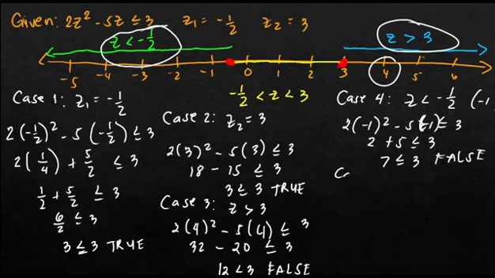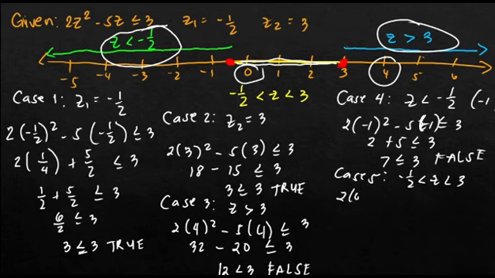Next, we have case 5. Ito madali na to. We'll go over with z less than 3 but greater than negative 1 half. So kung mapapansin nyo naman dito, sakop niya naman yung 0. So pwede tayong gumamit ng 0 dyan.